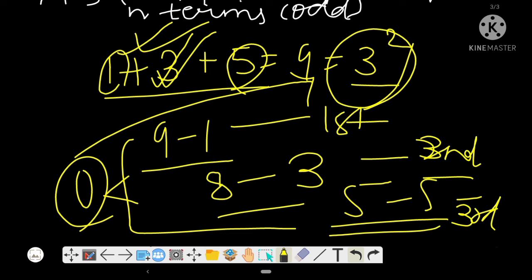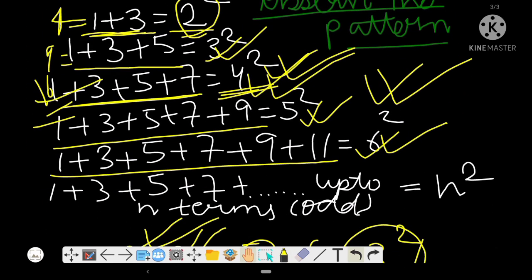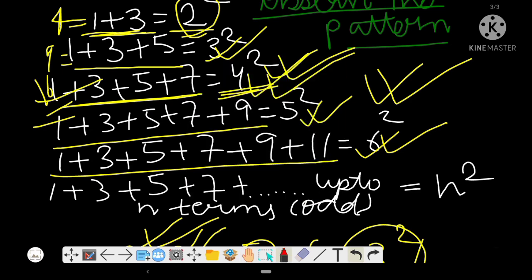It was interconnected by this, and let me explain once how it has been connected. When you add the first odd numbers, we get their square. So if we subtract odd numbers in increasing order from that square, then we will get that square root, right?